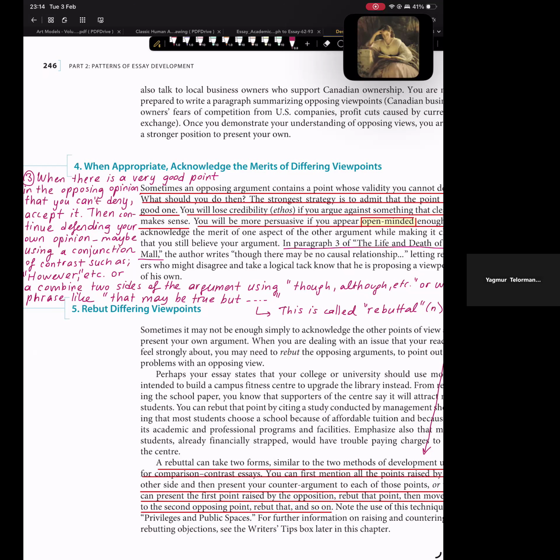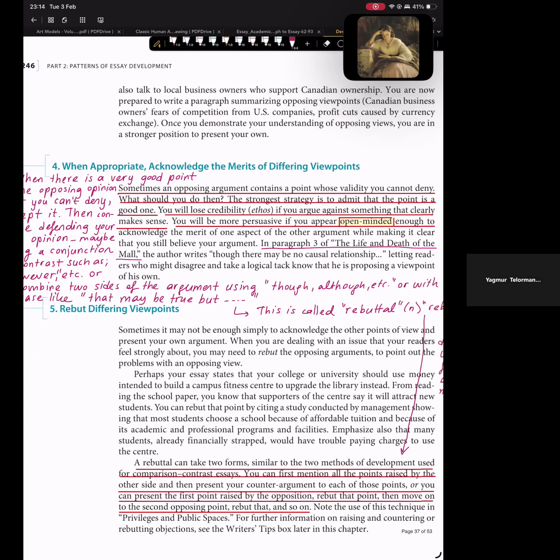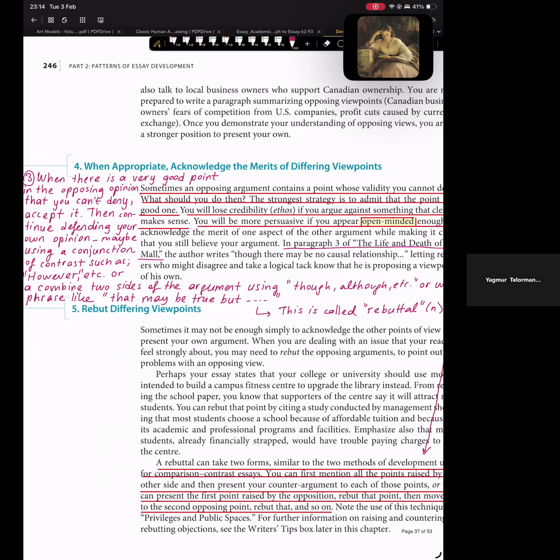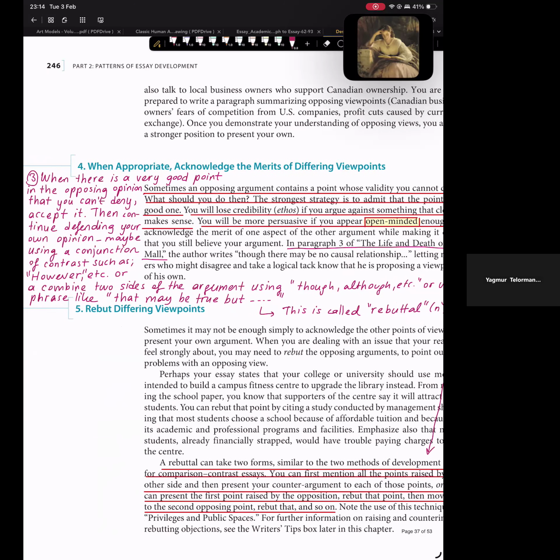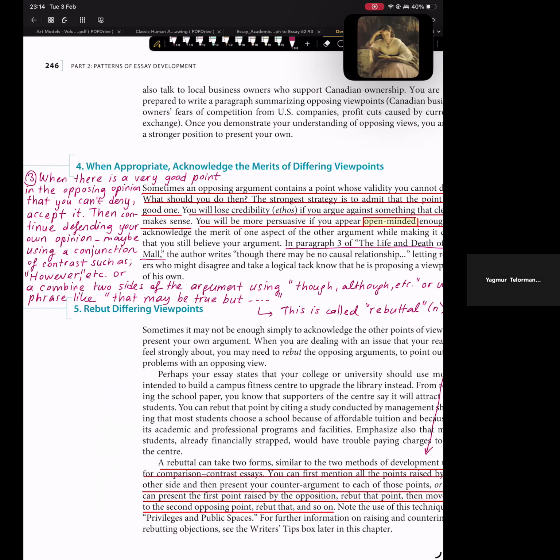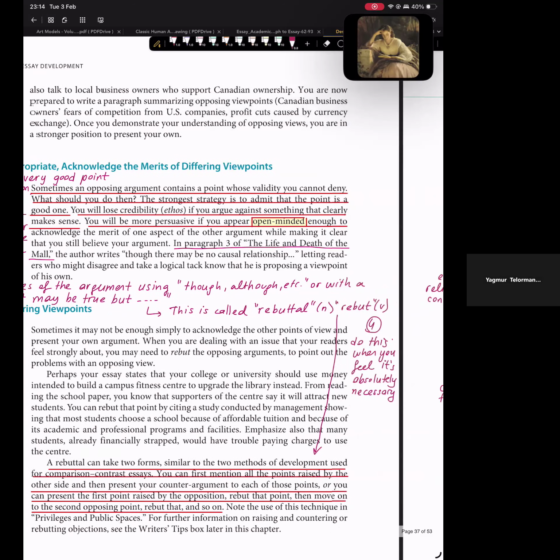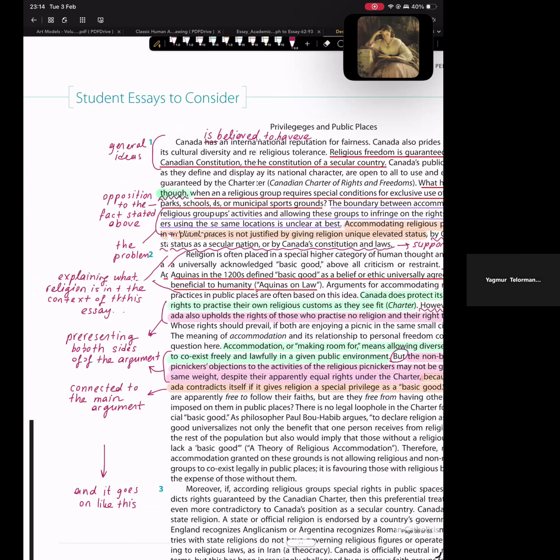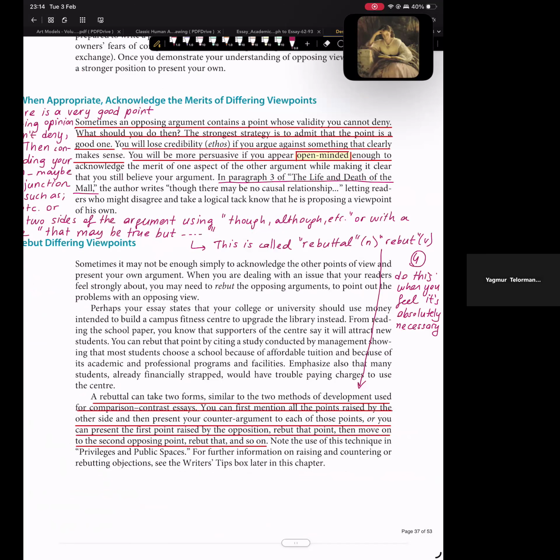Though there may be no causal relationship, though these two things seem to be not related, and so on. All right, and you can also do that with a phrase like "that may be true, but." The part after "but" is where you defend your own opinion.